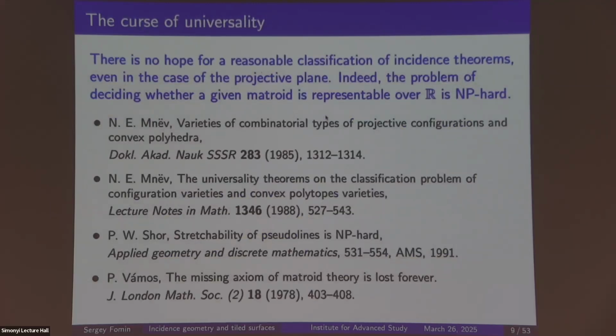But before, let's talk a little bit about what happened in the intervening decades between MacPherson's pronouncement and today. The thing that sealed it in the minds of mathematicians, sealed the fact that there is nothing there to discover, was Mnev's universality, right?